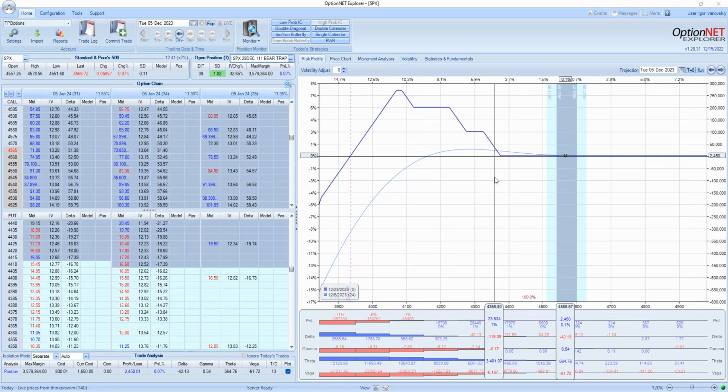All right, so let's have a look. Today is Tuesday, December 5th. So on Tuesdays, I usually put on a 1-1-2 bear trap as part of the campaign that I have been running all throughout this year. And we're going to look for a new trade setup.